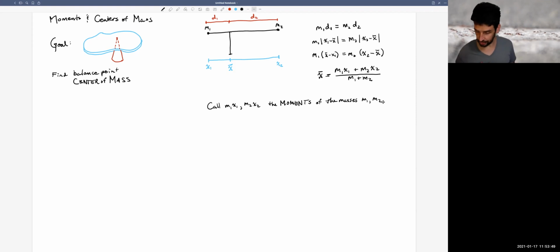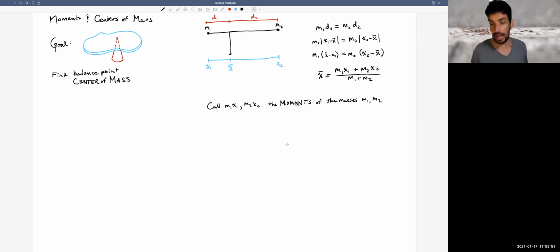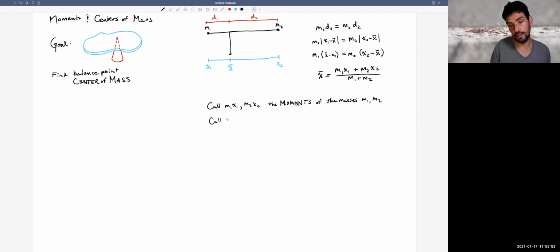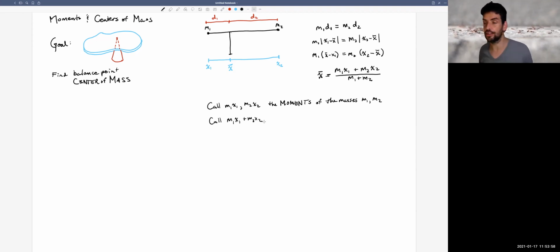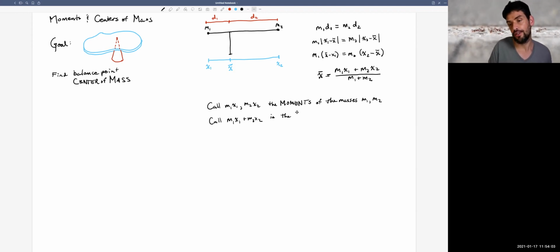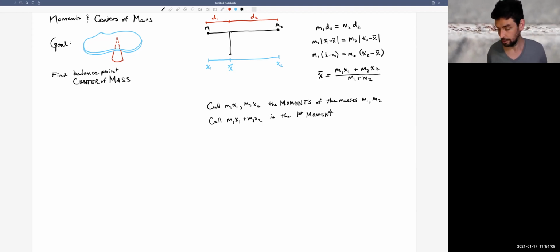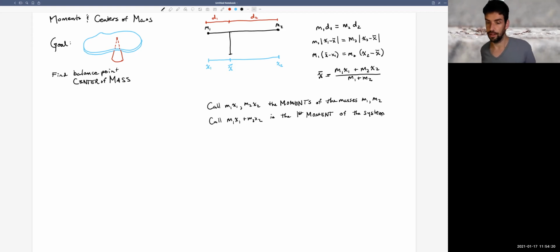So they each have their individual moment. And we will call m1 x1 plus m2 x2, that thing that showed up in the numerator there, the first moment of the system, right? In this case, the system means these two masses considered together. The first moment of the system.